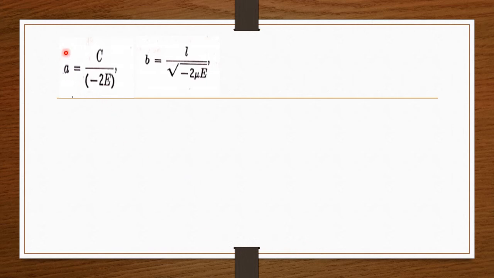Now we have the relation capital A is equal to C by minus E. Therefore small a, which is the half of that, is equal to C by minus 2E, and b, which is the semi-minor axis, is equal to L by root of minus 2 mu E. You can find this relation from the note given in the last section of your chapter.